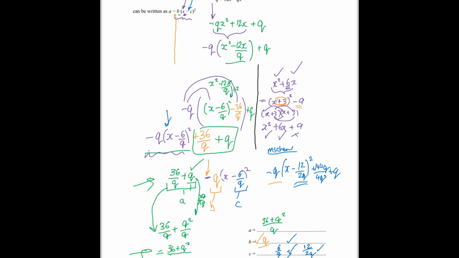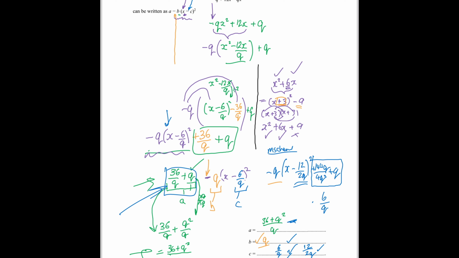Now, for some reason, and I'm trying to work this bit out, how on earth is this bit at the end, which I'm assuming is their value of A, how is that 6 over Q? That doesn't work. The furthest you can go is either you write it like that or the way I've written it. The mark scheme says 6 over Q.